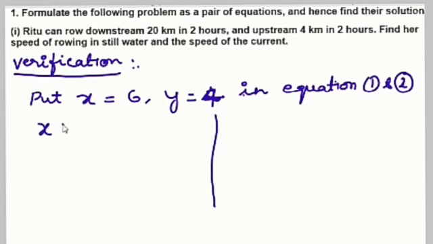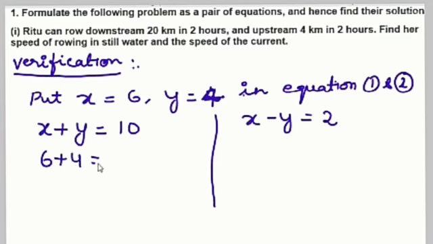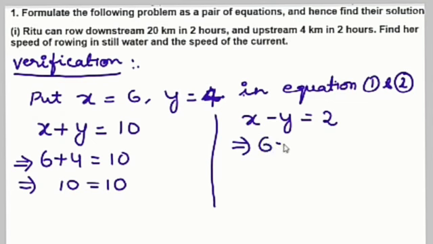My first equation is x plus y is equal to 10. Second equation is x minus y is equal to 2. I'm going to assign. So 6 plus 4 is equal to 10, which implies 10 is equal to 10. So both are the same. Your answer is correct. Here, 6 minus 4 is equal to 2, which implies 2 is equal to 2. So this is also correct.